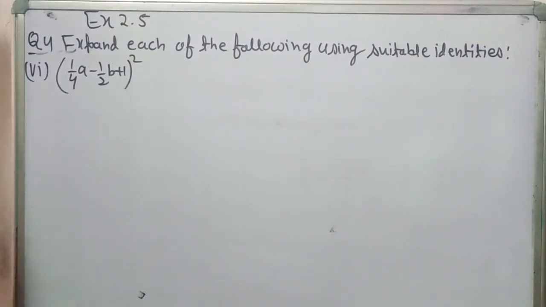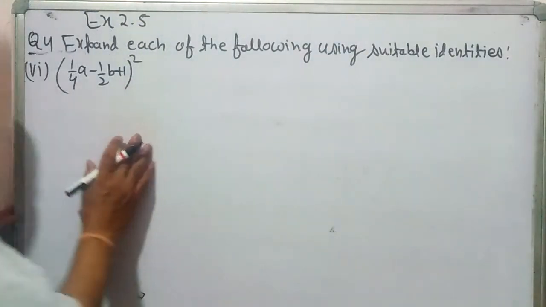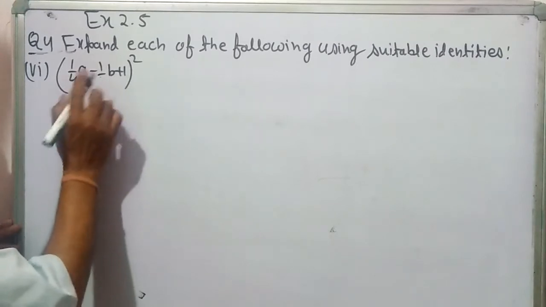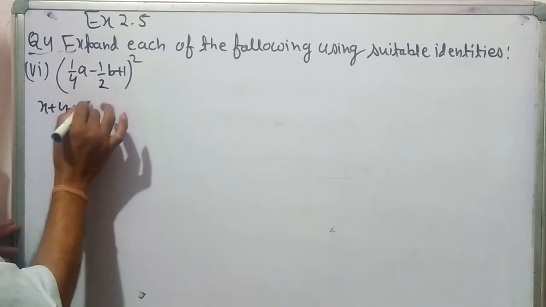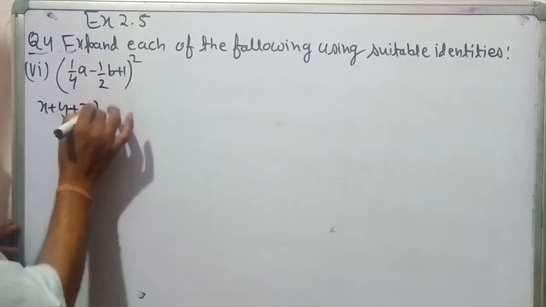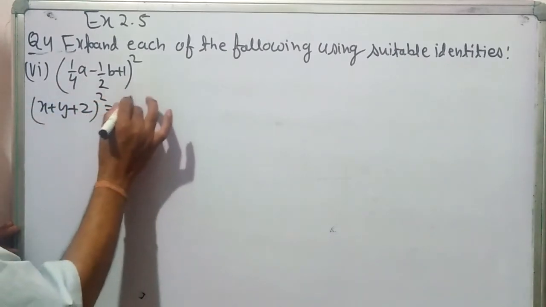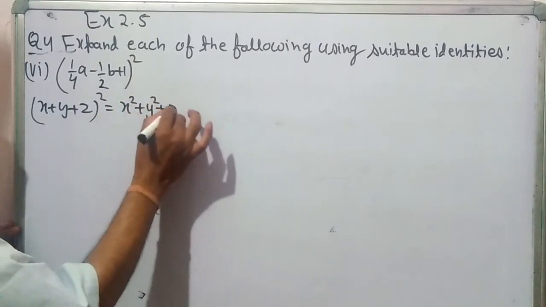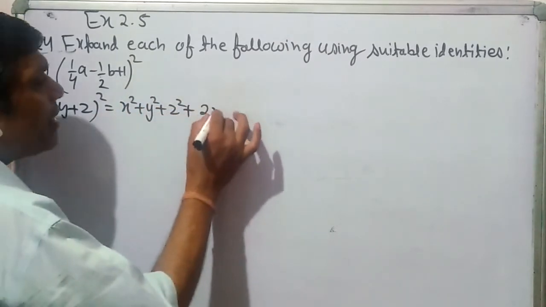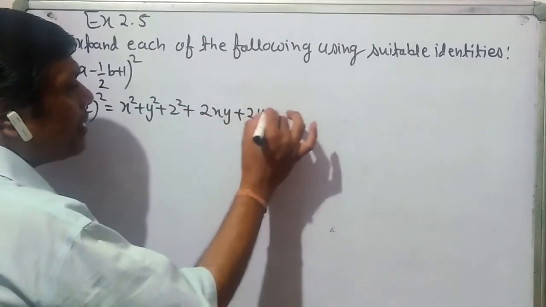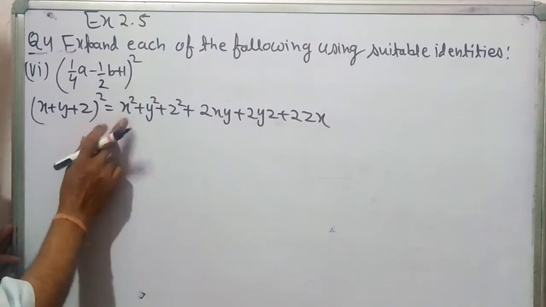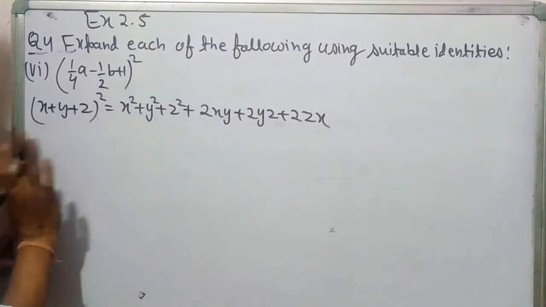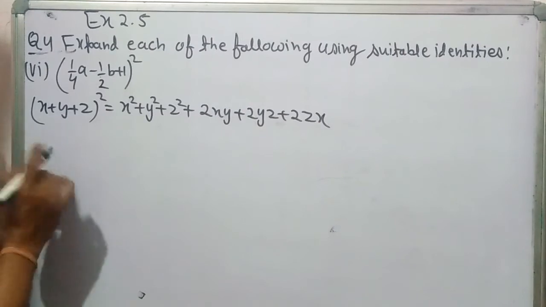Coming to the last part of this, students, we have some fractional terms. (1 upon 4a minus 1 upon twice b plus 1) whole square. We'll apply the same identity. In fact, this complete question is based on the same identity. So we have to apply it again and again, keeping in mind just one thing, that we have to keep track of the signs, positive and negative, of x, y and z.